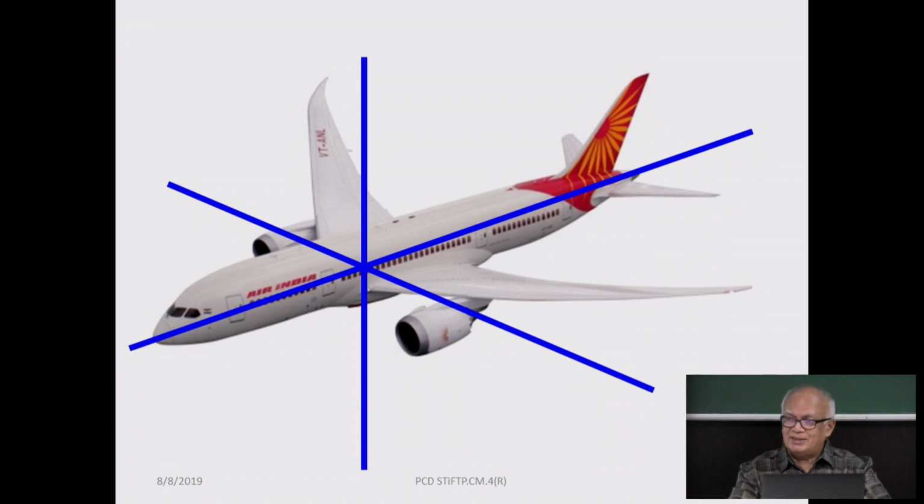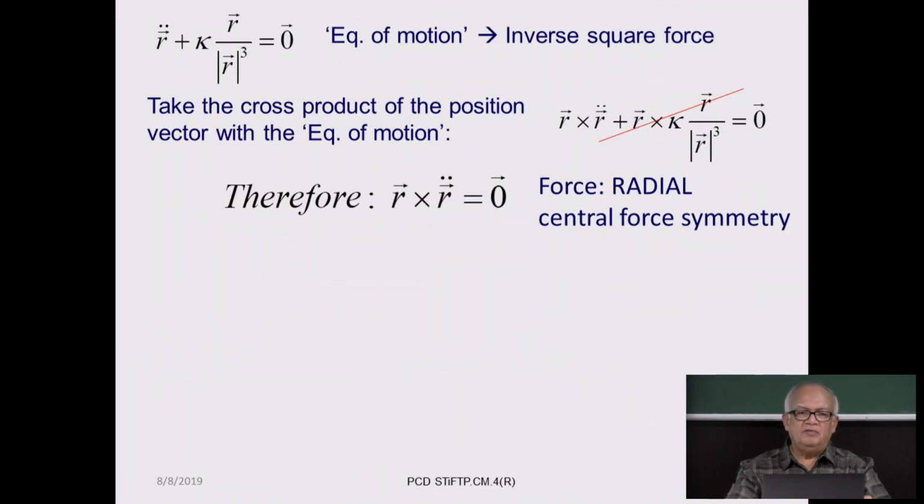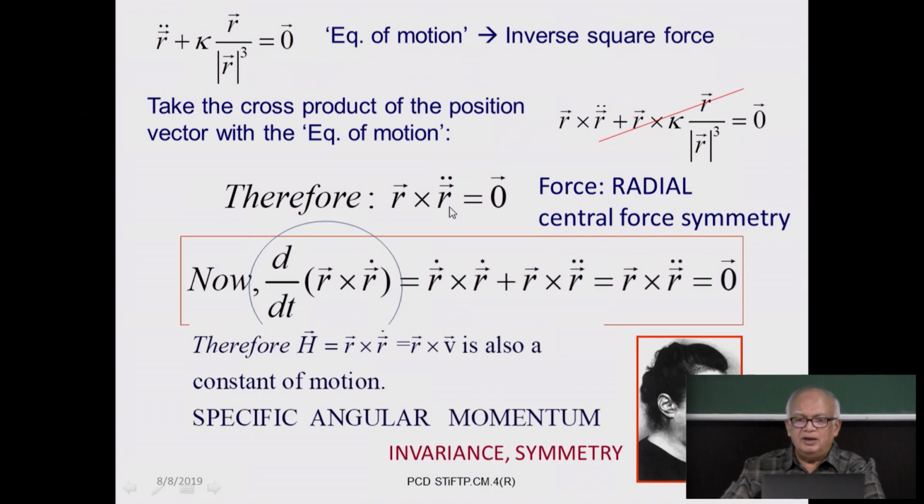How do you analyze the equation of motion when you consider angular displacements with respect to time and so on? And let me quickly recall that we discussed in one of our earlier discussions that if you have an equation of motion and whenever you have a radial force, the angular momentum is conserved.